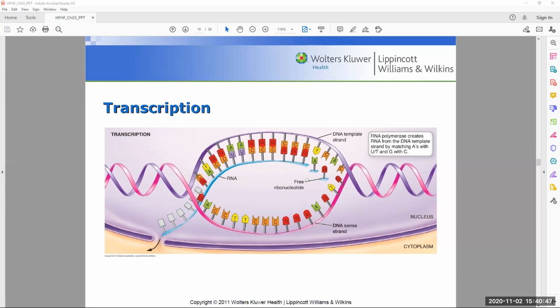Then it goes into the cytoplasm, where it hooks up with the ribosome, and from the ribosome itself you now have the formation of the protein, right, via the tRNA bringing in the specific amino acids. Of course, we did look at the fact that proteins themselves are composed of amino acids joined together.